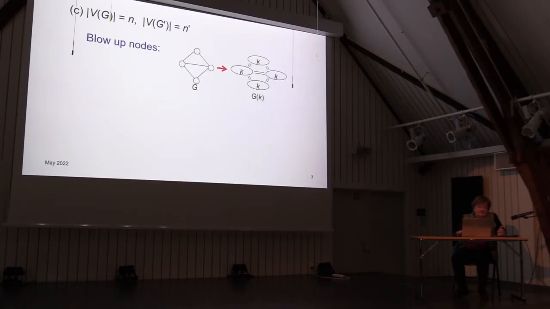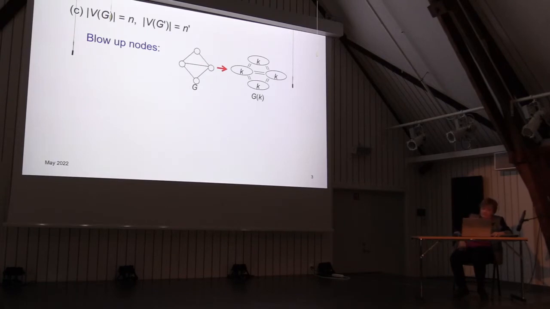Every node is replaced by k different independent nodes, and these k nodes are connected to every other node as in the original graph.